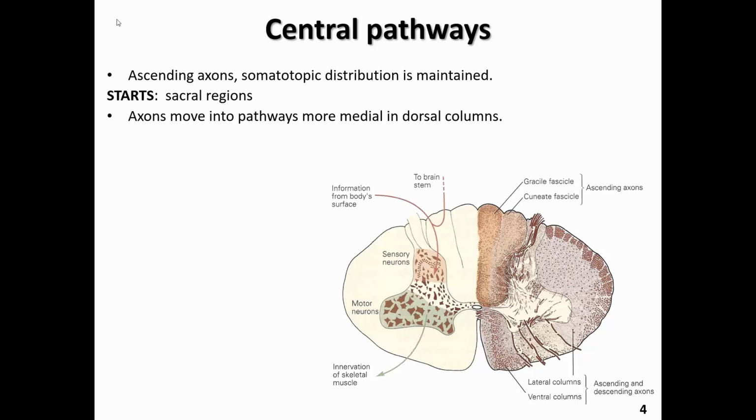So this starts in the sacral region, and axons tend to move into pathways that are more medial in the dorsal columns. And so when we talk about medial, we're talking about a location close to the midline in this cross section.